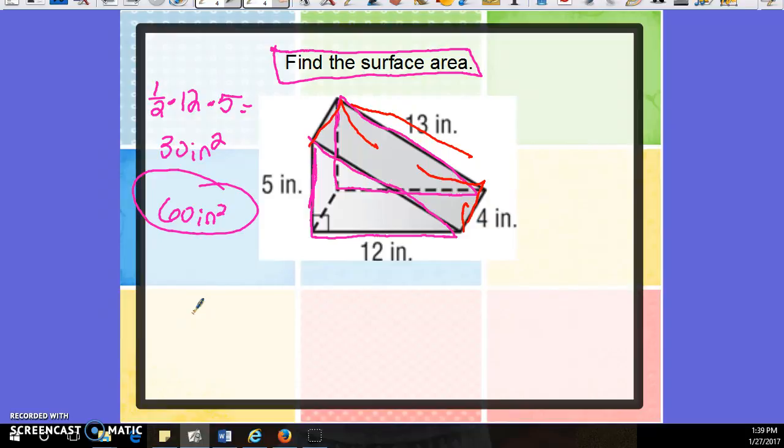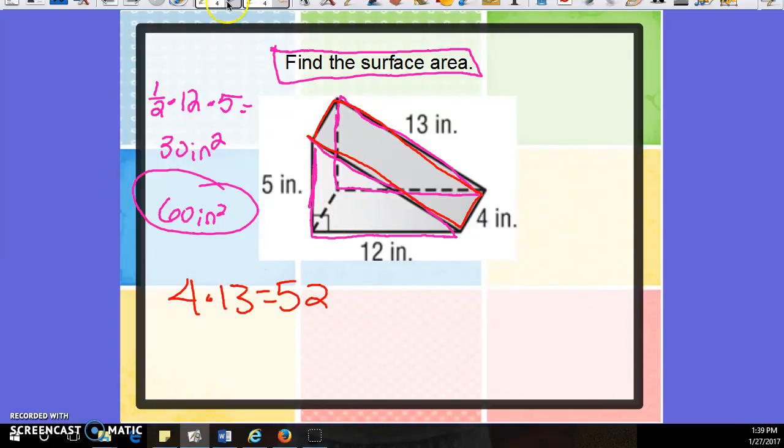So this one is a 4 by 13. What is 4 times 13? 52.